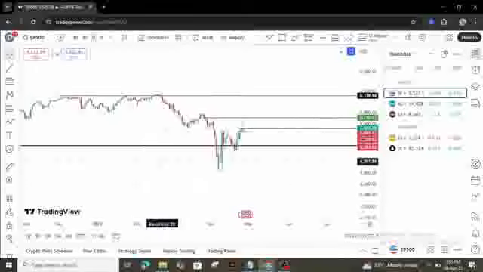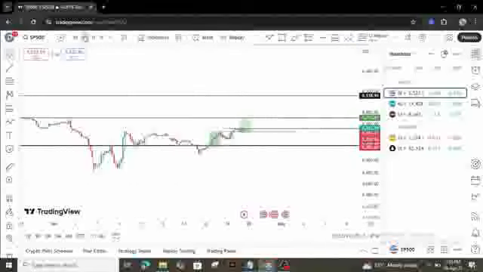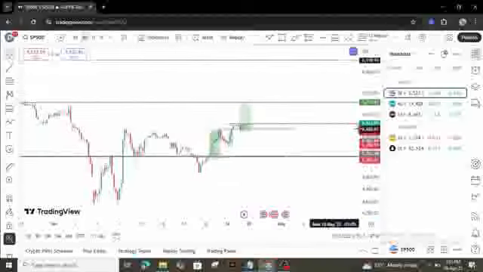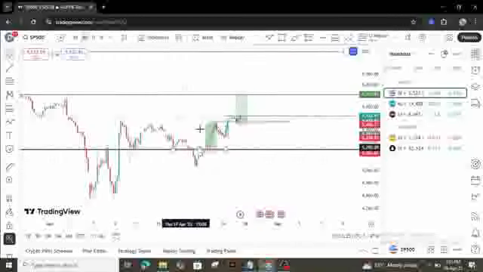So then you come to the 4 hour time frame so that you can look for an area where you can actually enter the market.